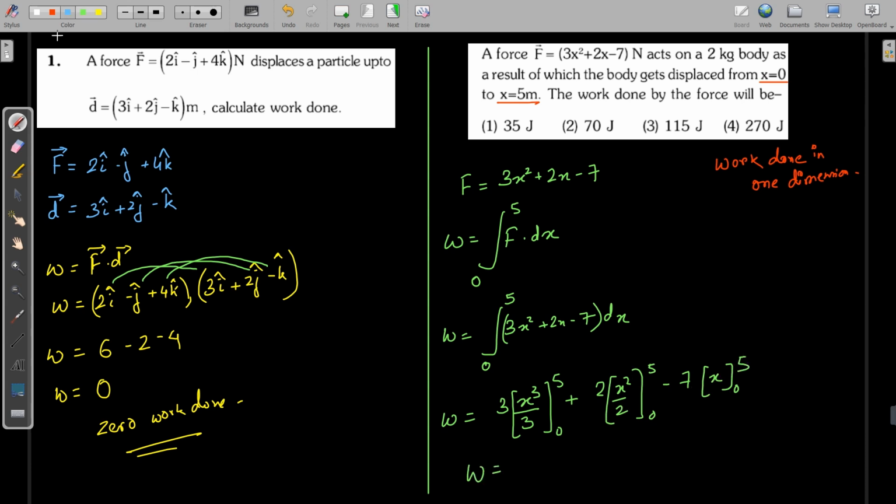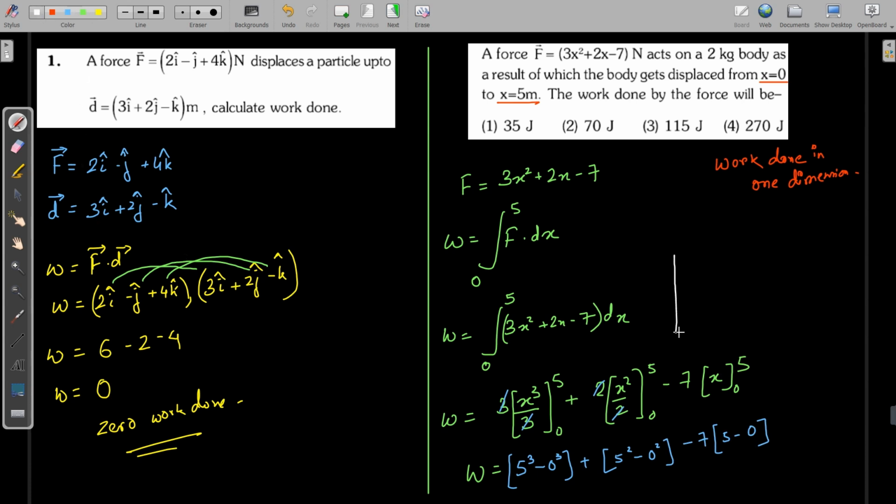Can you see that this 3 and this 3 get cancelled? So we are getting 5 cube minus 0 cube, plus 5 square minus 0 square, minus 7 times 5 minus 0. If we do this, how much are we going to get?